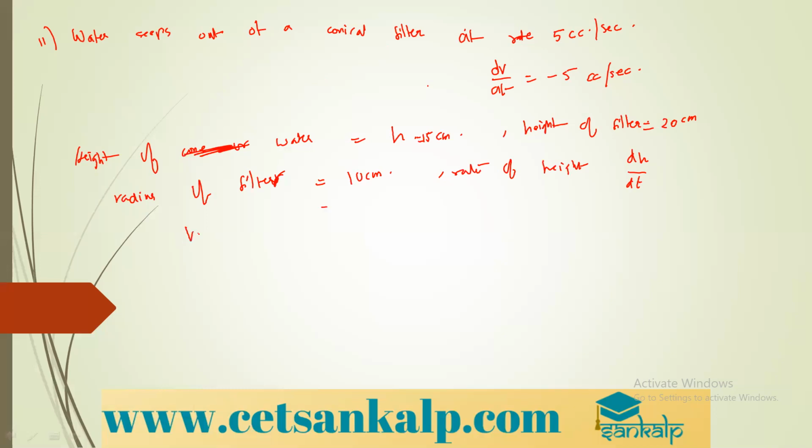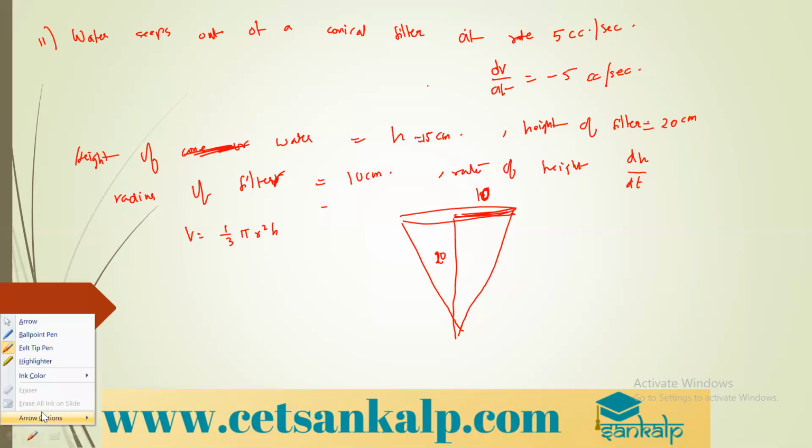Okay, volume of the cone is 1 by 3 pi r square h. Suppose this is the filter. This is the radius of the filter, and this is the height of the filter, which is 20. Radius of the filter is 10, not 5. And now we'll talk about water.